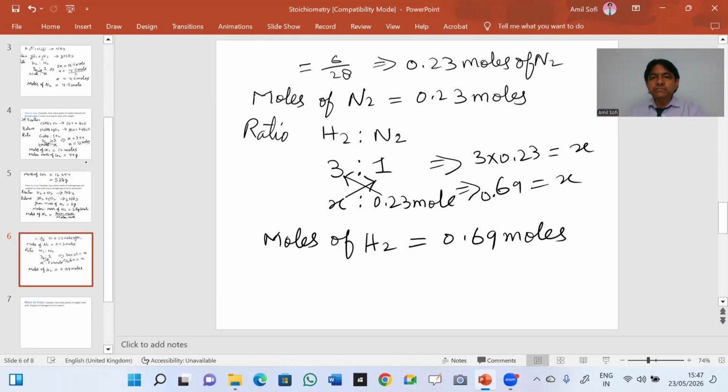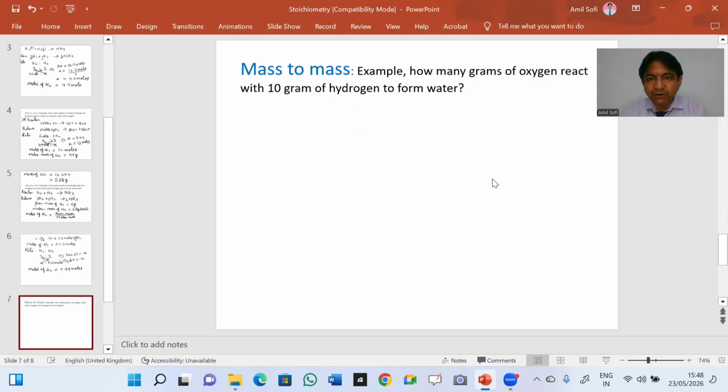So now 0.69 moles of hydrogen are needed to react with 6 grams of nitrogen. So this question is now done. And now we have the final task. That is how many grams of oxygen react with 10 grams of hydrogen to form water.